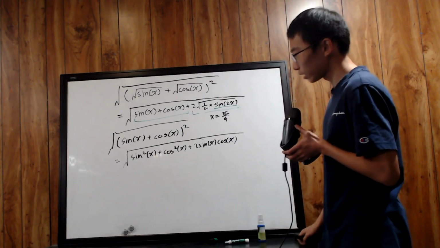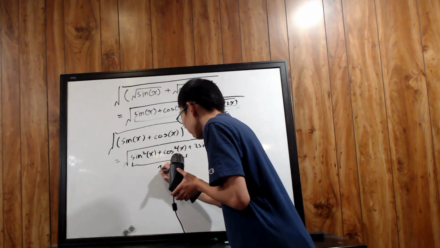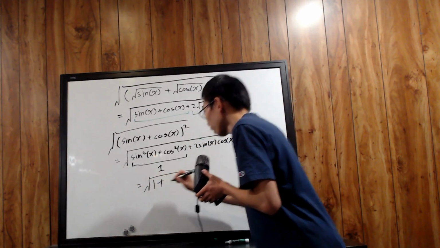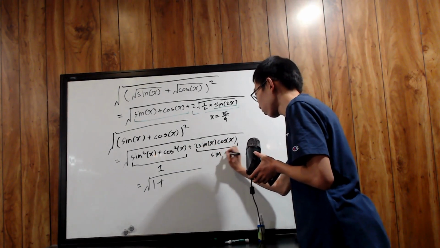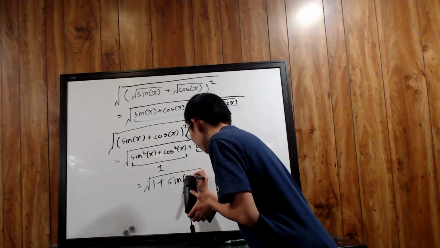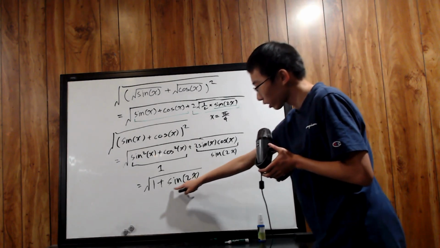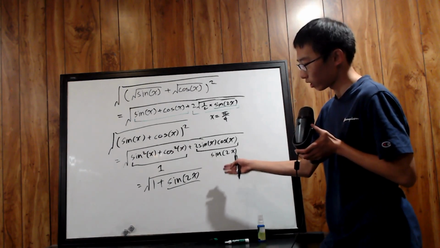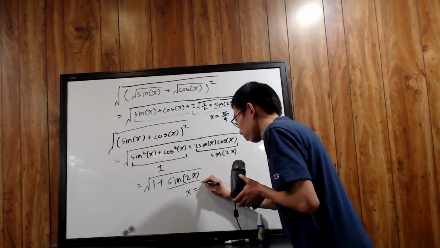Now, by the Pythagorean identity, sine squared plus cosine squared is just 1. So basically, we have 1 plus, and now what is this? Remember, this is the double angle formula. This is sine of 2x. So let's replace this entire thing with sine of 2x. And notice that this is maximized exactly when sine 2x itself is maximized. What's the maximum value for this? It's 1, and specifically, one possible value for maximum is again pi over 4.